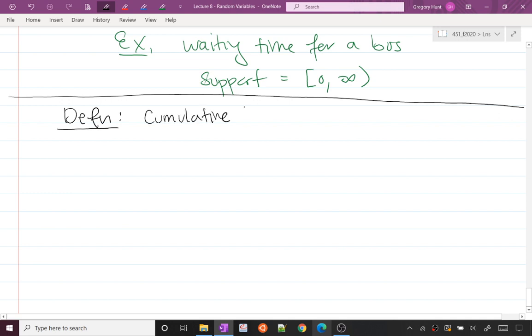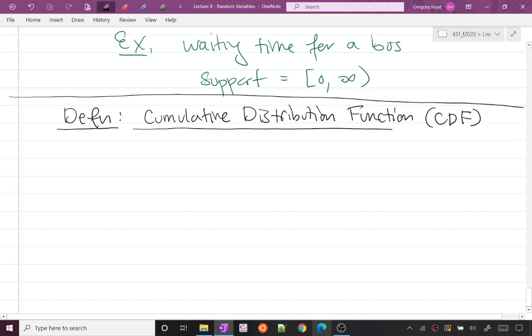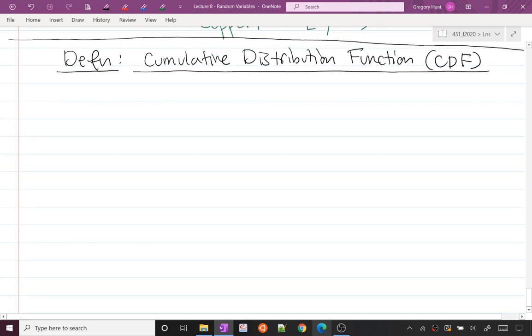is called the cumulative distribution function, almost always denoted CDF, of a random variable. Let's write out the definition.